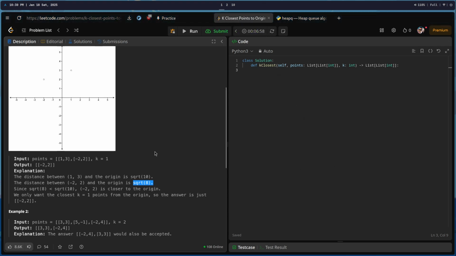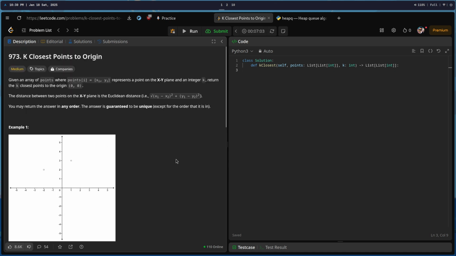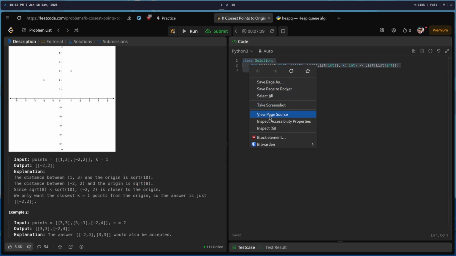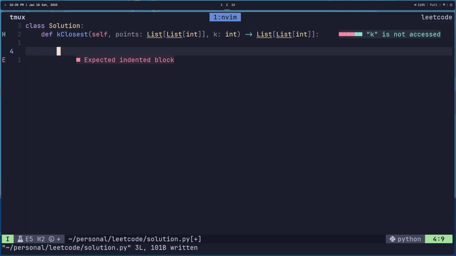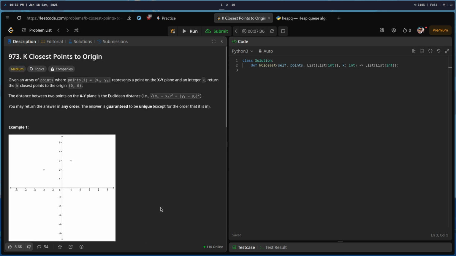I'm not sure how else to do this. So if one is basically the closest to the origin, second is like the second closest.